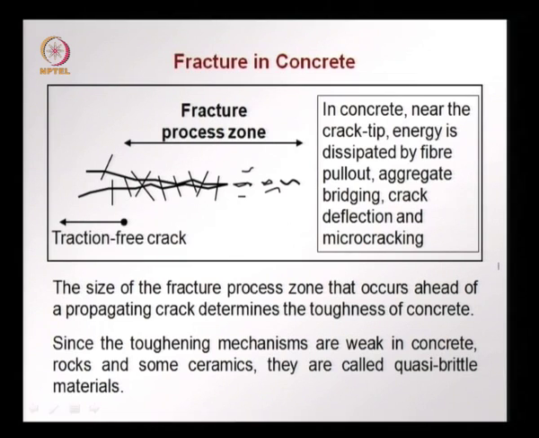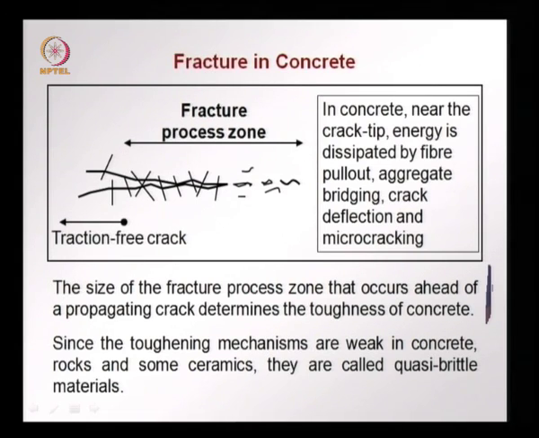The size of the process zone determines the toughness of concrete. Larger the process zone, higher will be the toughness, similar to what we saw in yielding of metals. The process zone will be larger when we have a material such as fiber reinforced concrete, and the process zone will be much smaller when we have a brittle concrete like a high strength concrete where the toughness is lower.